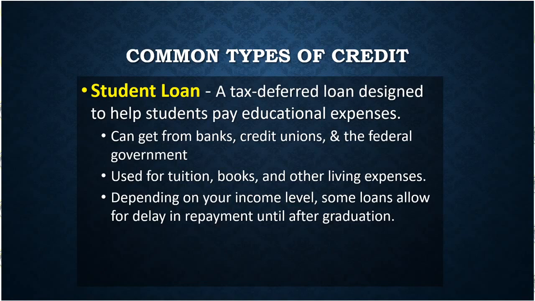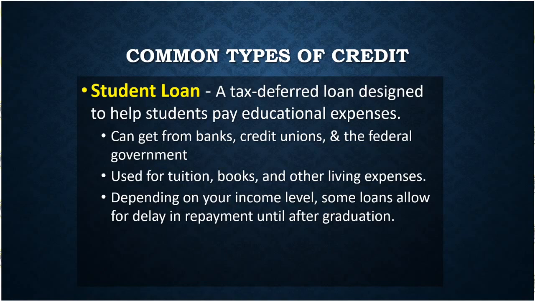Depending on your income level, some loans allow you to defer the loan repayment until after you graduate. That's called payment deferred. If you get a payment deferred student loan, then you may get a loan right after you graduate from high school, and then no interest will accrue, and you won't have to make any payments until after you graduate college or after you drop out or become less than a half-time student.